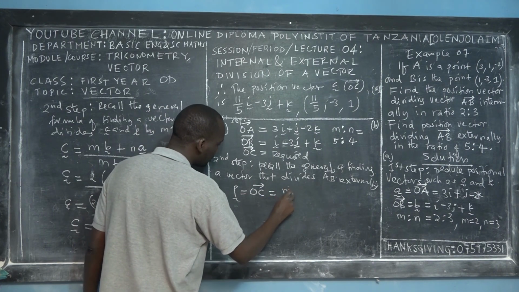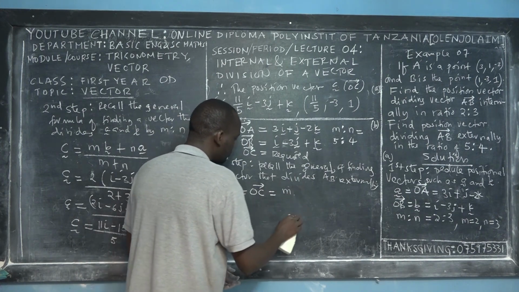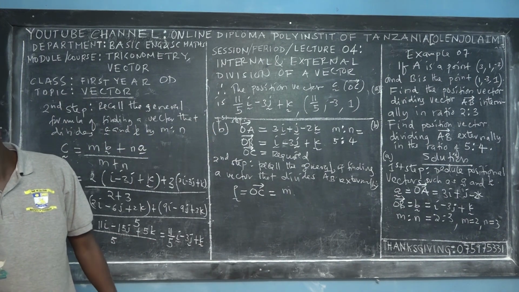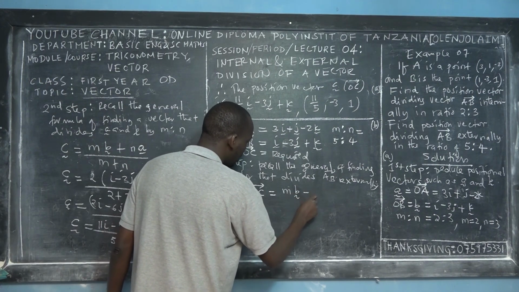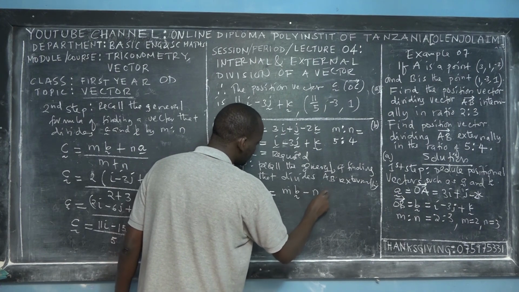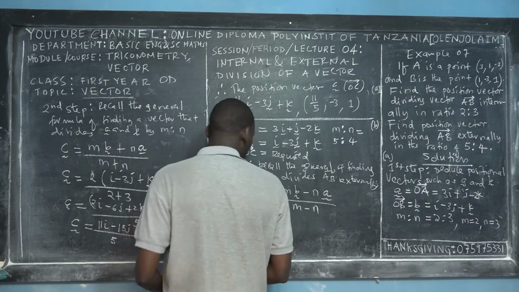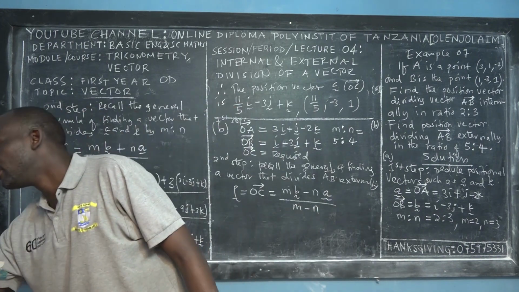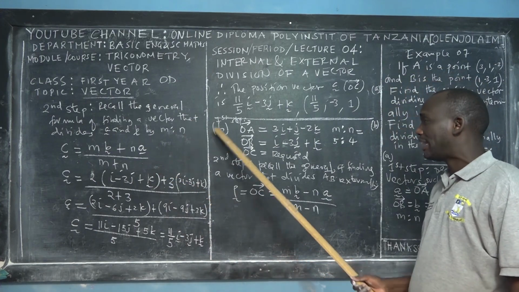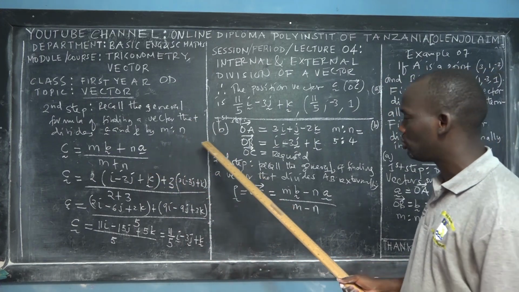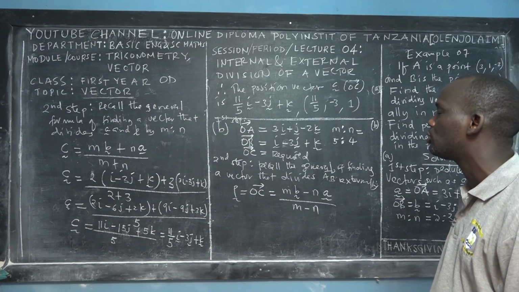This is equal to M times vector B minus N times vector A, divided by M minus N. It's simple to remember these formulas if you remember the general formula of finding a vector that divides two positional vectors or a displacement vector AB.